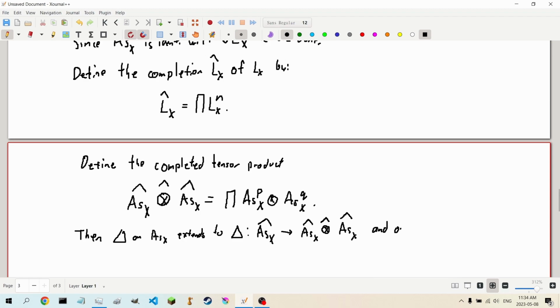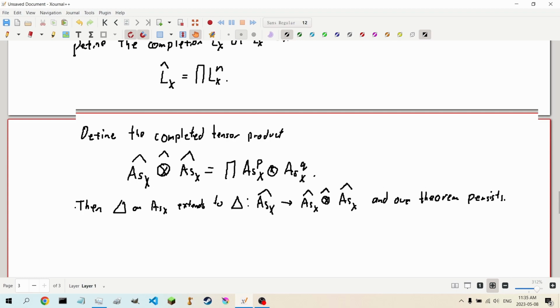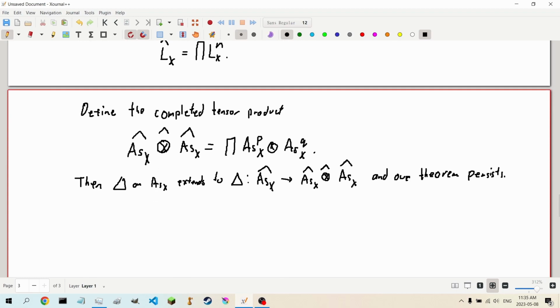And then our theorem persists. So essentially we still have this theorem that the free Lie algebra of X coincides with the primitive elements of the free associative algebra of X. If we complete all the associative algebras there, we still get that theorem.